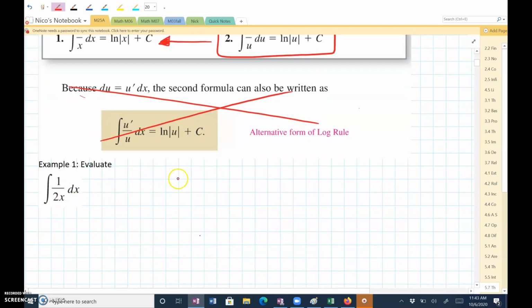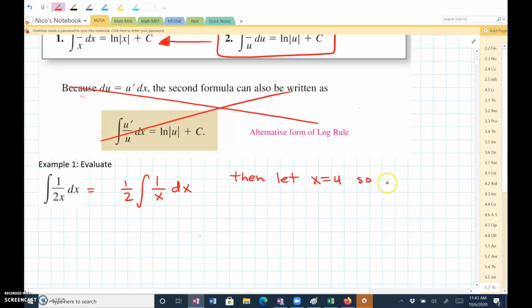So first of all, I'm going to write this like this. I'm going to make this 1/2 1 over x dx. Then let, this is overkill, let x equal u.